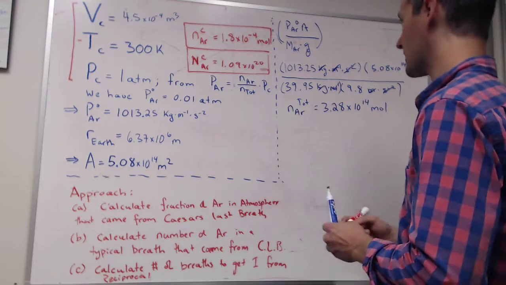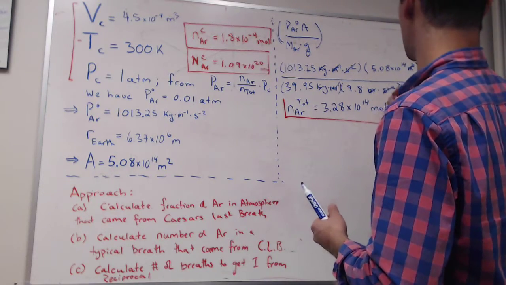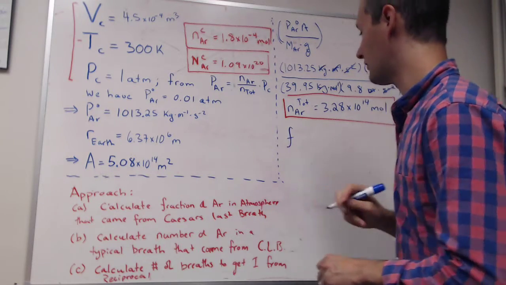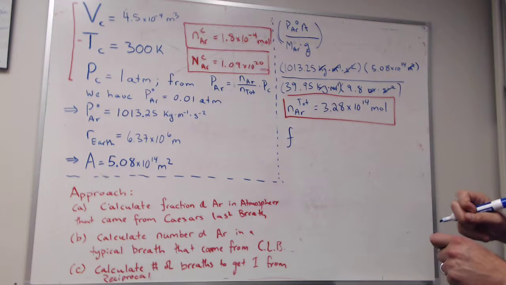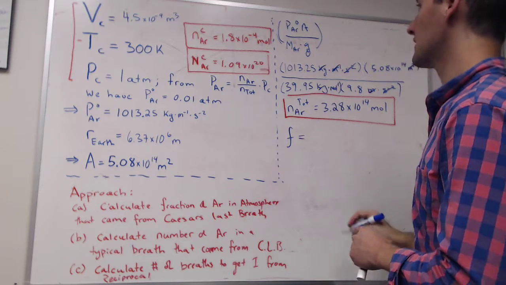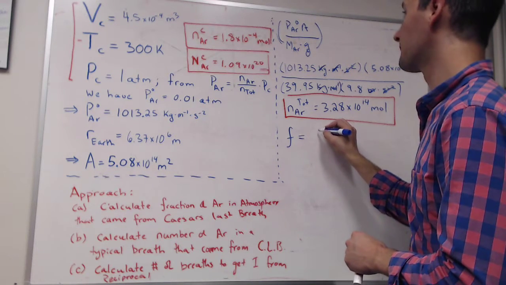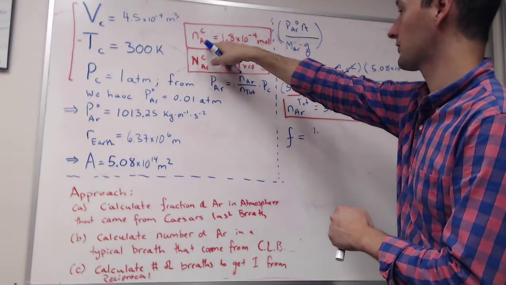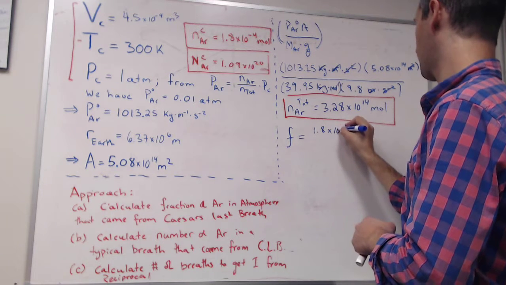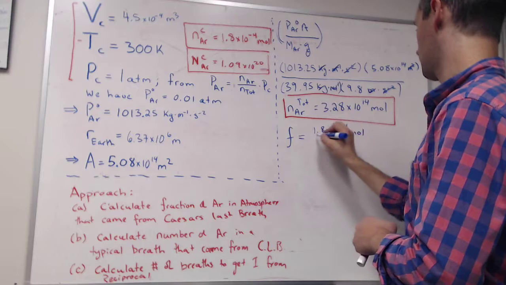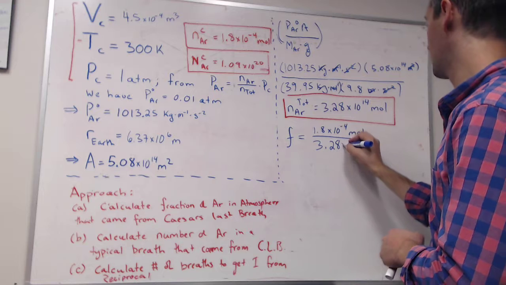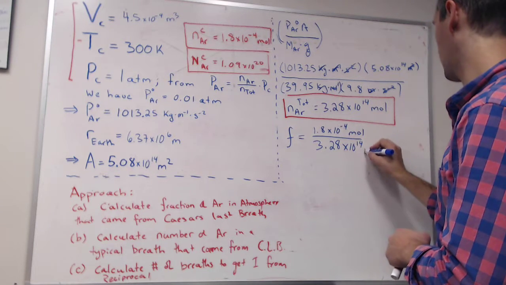Okay, so let me put a little box around here. So what's our fraction? Right, fraction of argon from Caesar's last breath to argon in the entire atmosphere is going to be basically equal to moles of argon from Caesar, which is 1.8 times 10 to the minus 4 moles, divided by total number of moles in the universe, 3.28 times 10 to the 14 moles.